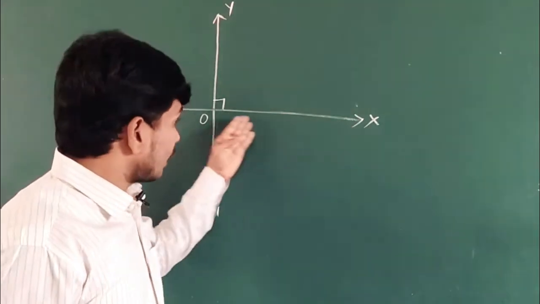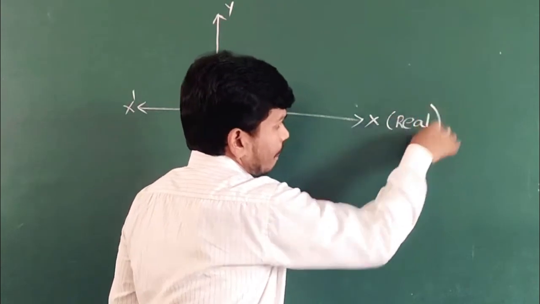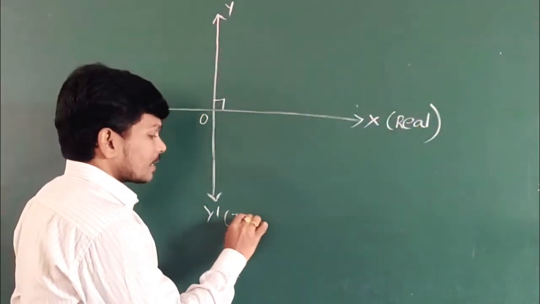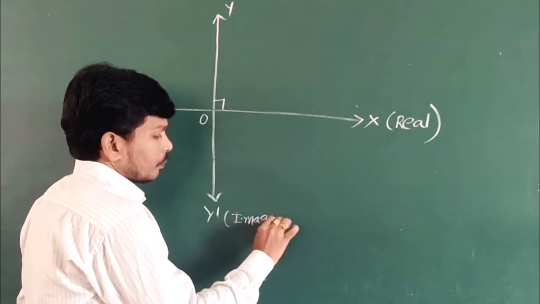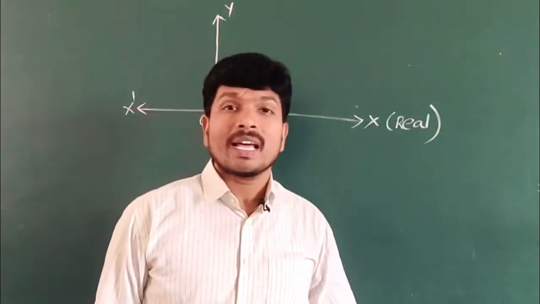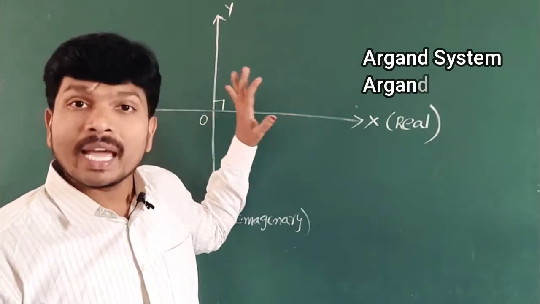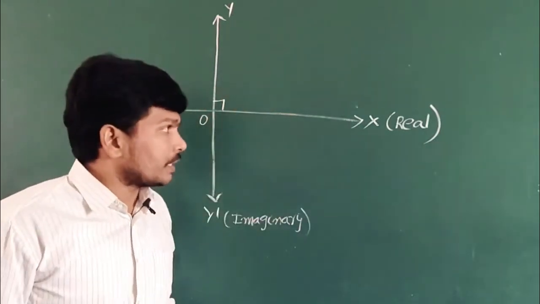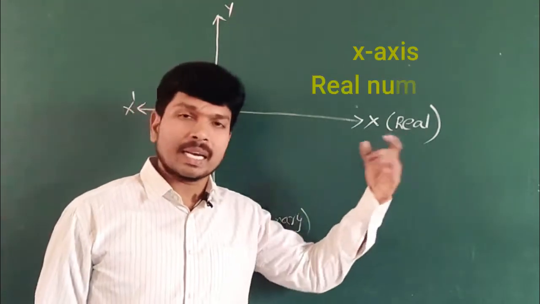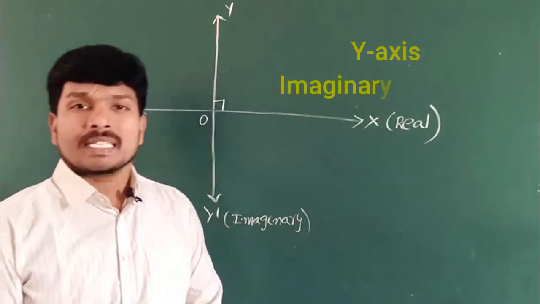Now I am taking the x axis as the real axis and the y axis as the imaginary axis. This system is called the Argand system, and this plane is called the Argand plane. It means on the x axis you must take real numbers, and on the y axis you must take imaginary numbers.